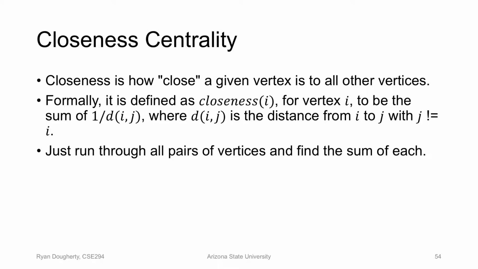So the vertex which is the closest to everywhere else will have 1 divided by the smallest number, which will be a larger number. And the vertex which is the farthest from everywhere else will have 1 over a very large number, which will be a much smaller number.